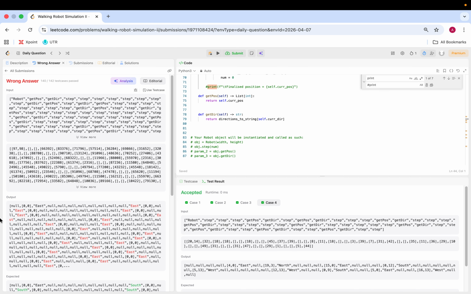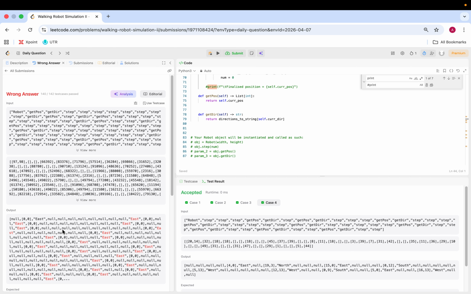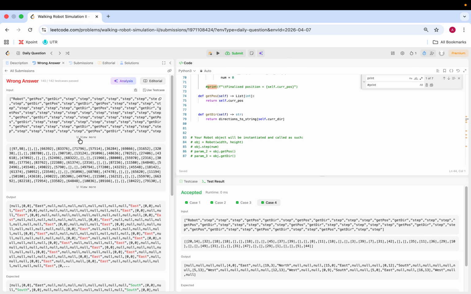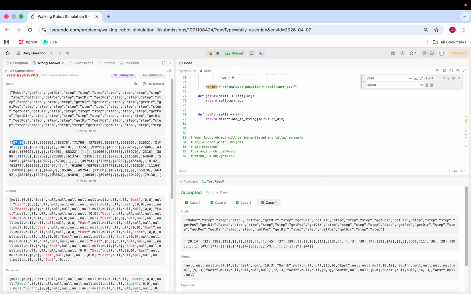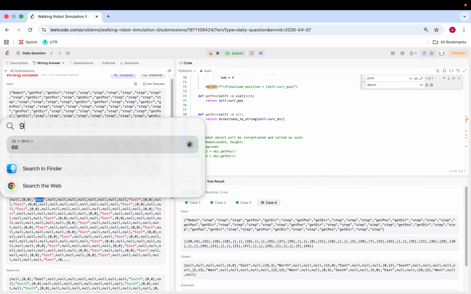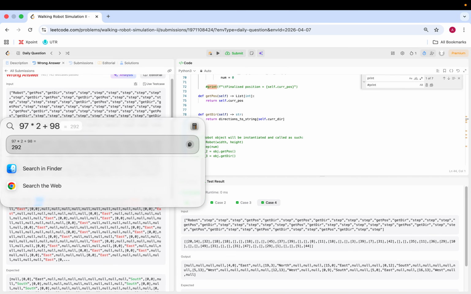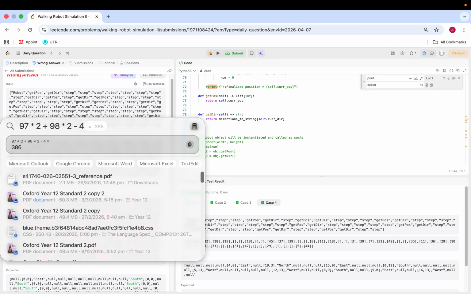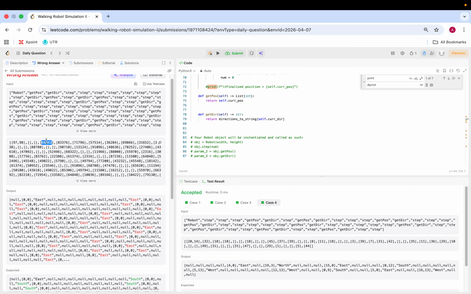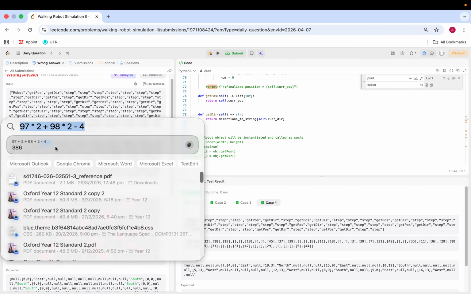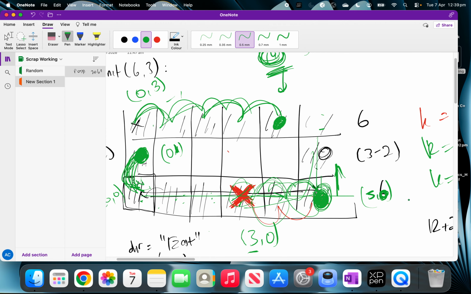Alright. 97 by 98. Okay, that's a bit unwieldy. Get position is 0. Get direction is east. 97 times 2 plus 98 times 2 minus 4. 386. Do I have mods on this? The 386 is the thing.